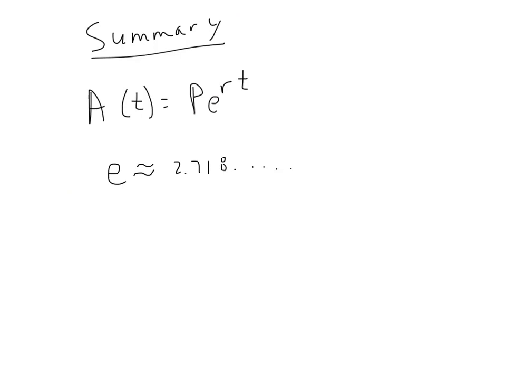And the other thing that you really need to know is when I have a log with a base of e, let's say I have log base e of 2, we don't typically write it that way. Instead, we would write it this way. And again, this means natural log. All that means is a log that has a base of e. Okay, so these are the 3 big ideas you really need to know.